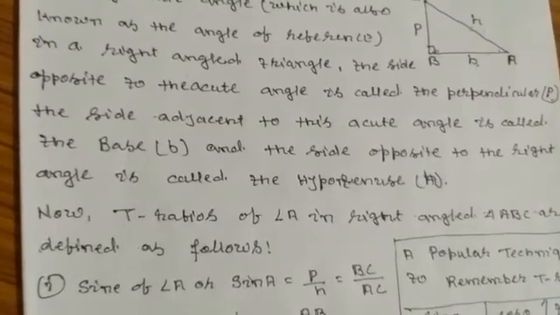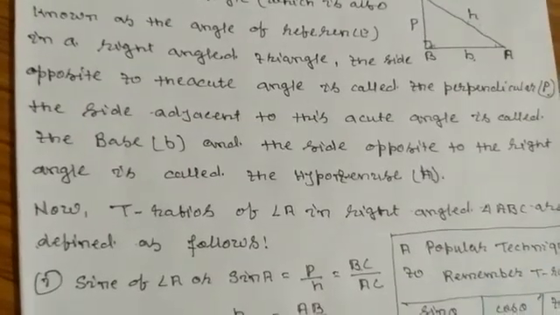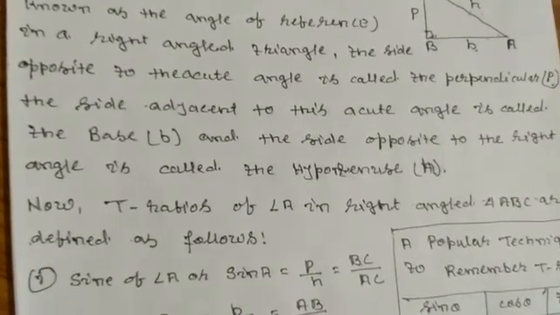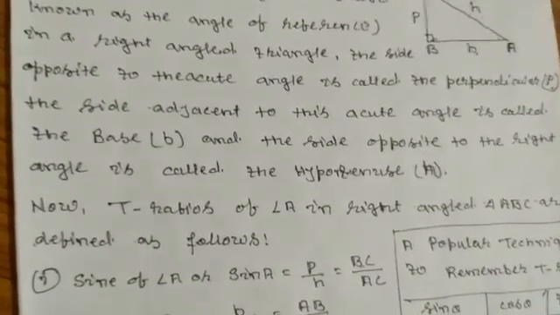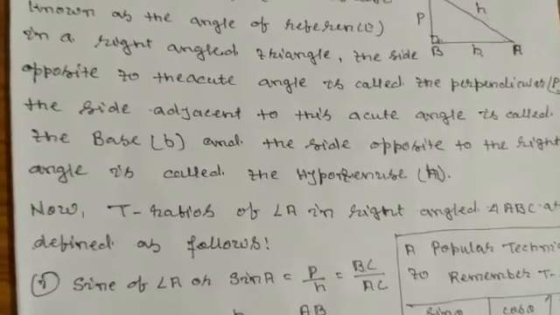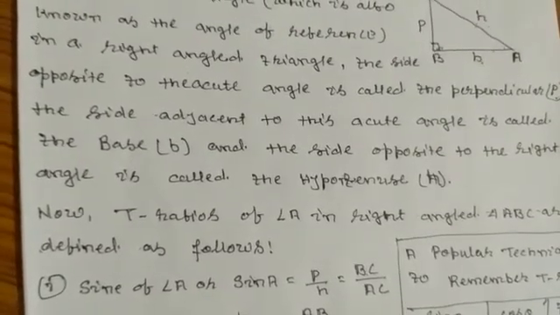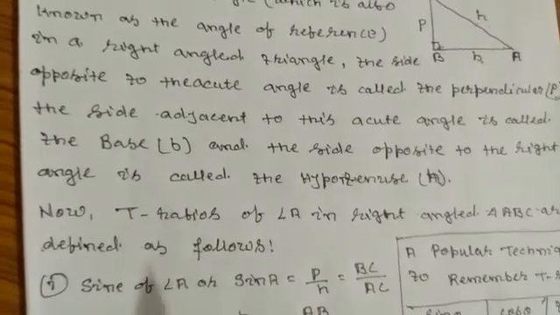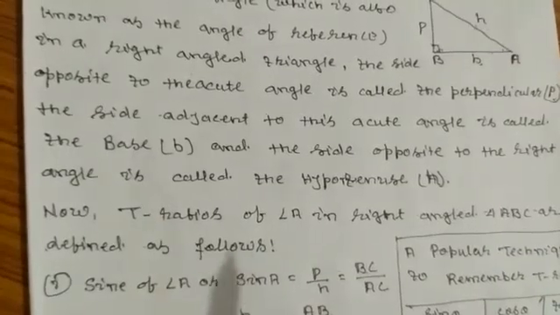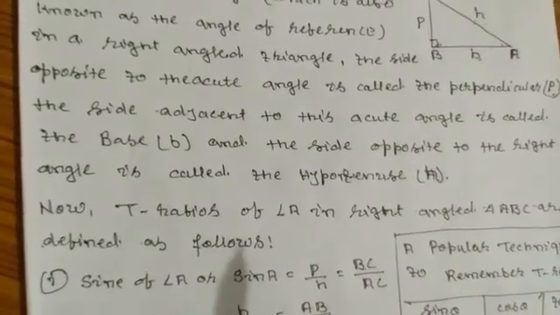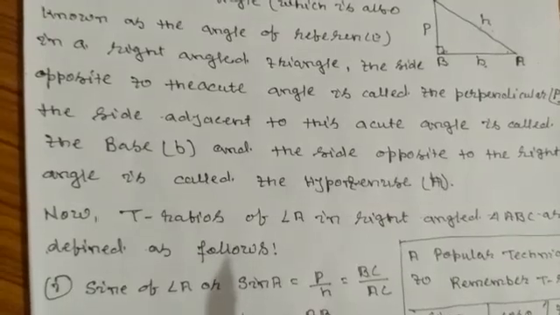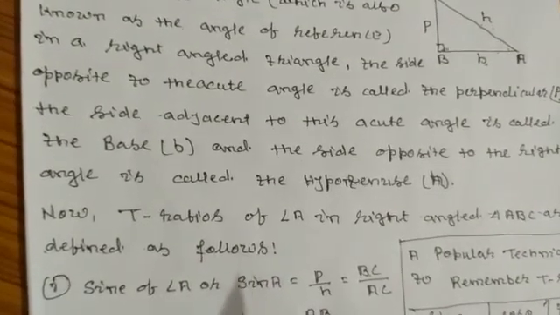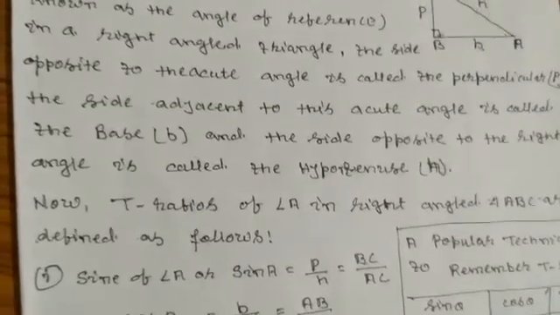First, sine of angle A, or you may write sin A. The letter written after the trigonometric ratio defines the angle, and sine is called the ratio. Sine is the name of the ratio taken between perpendicular and hypotenuse of a right angle triangle. The name of this ratio is given, that is sine.